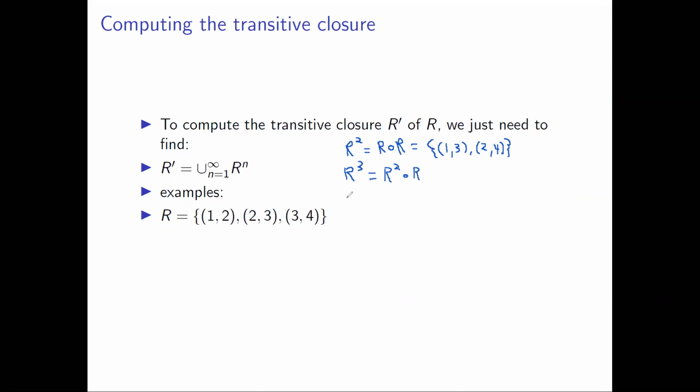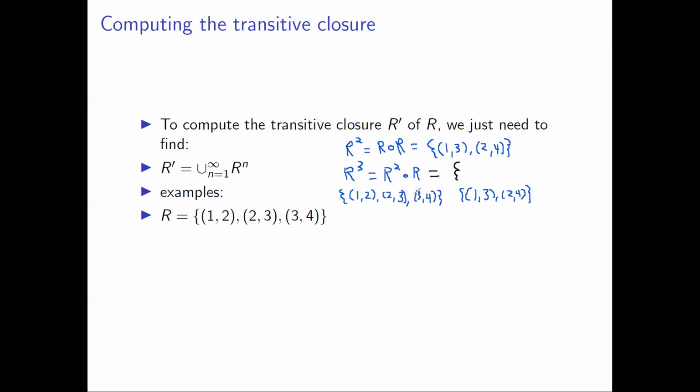So I'm going to write r right here: 1, 2, 2, 3, 3, 4. I'm going to write the r squared right here: 1, 3, 2, 4. And then we will calculate the composition here.